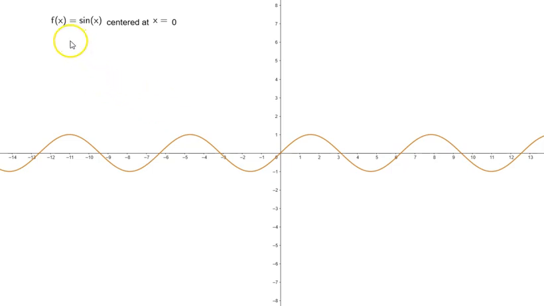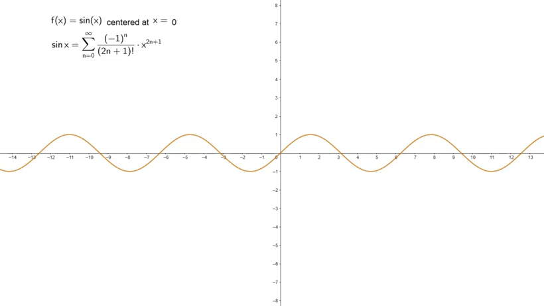Let us revisit the function sine of x. We know that the Taylor series formula for sine x is the sum as n goes from 0 to infinity of minus 1 to the power of n divided by 2n plus 1 factorial times x to the power of 2n plus 1.